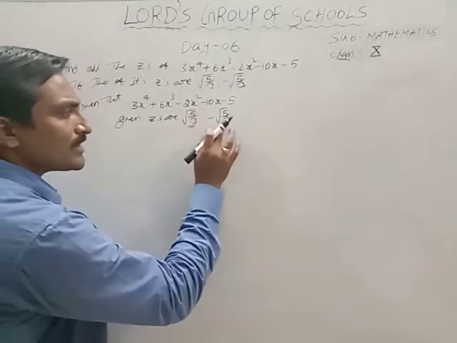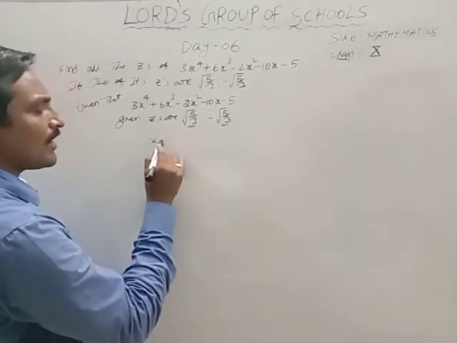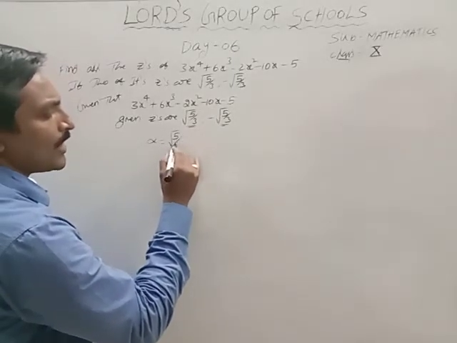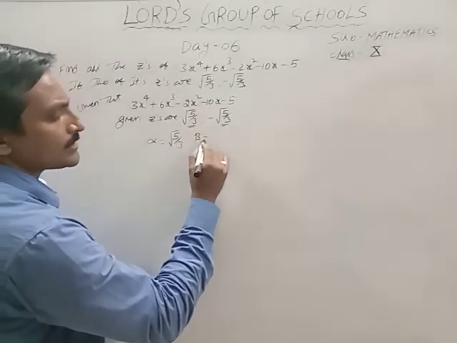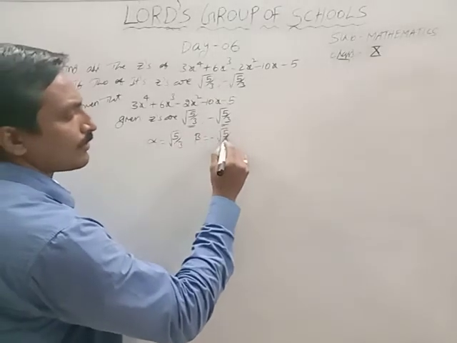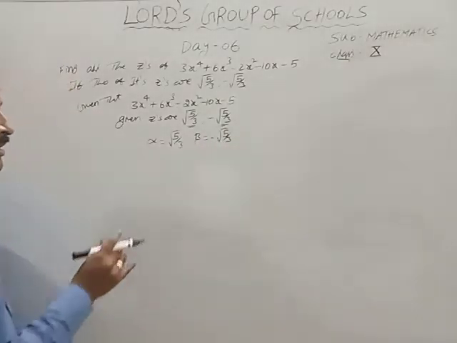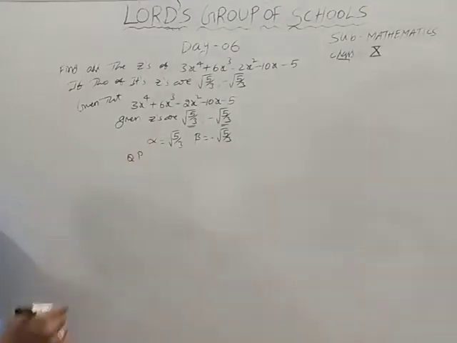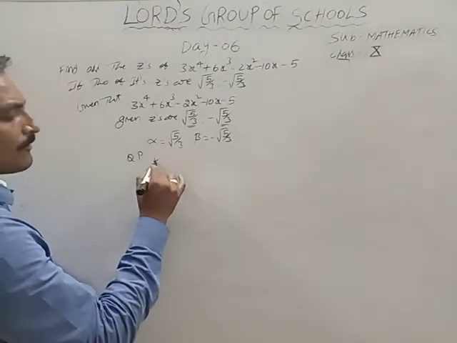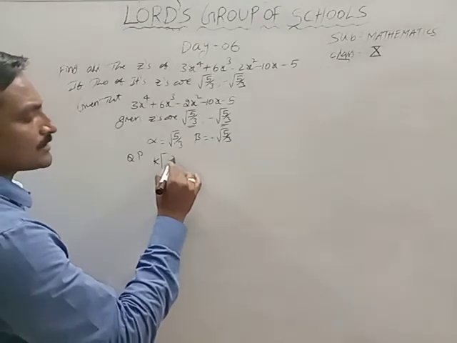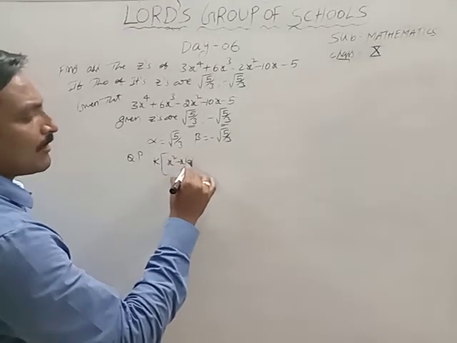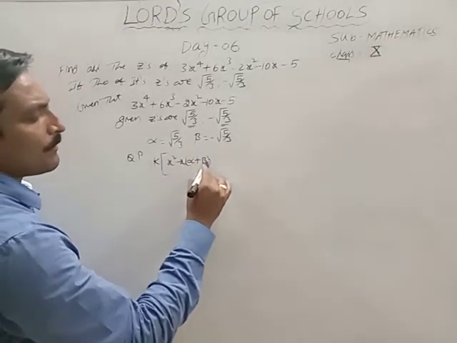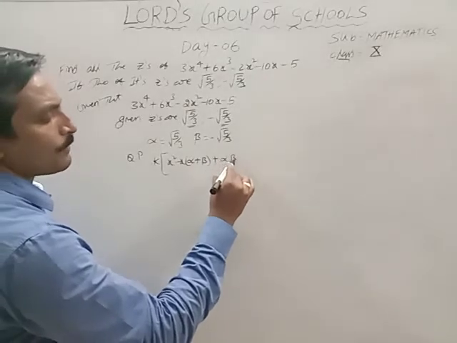So what are the given zeros? One is the alpha value, one is the beta value. Let us take it so. Now if 2 zeros are there, then you will get the quadratic polynomial k of x square minus x of alpha plus beta plus alpha beta.